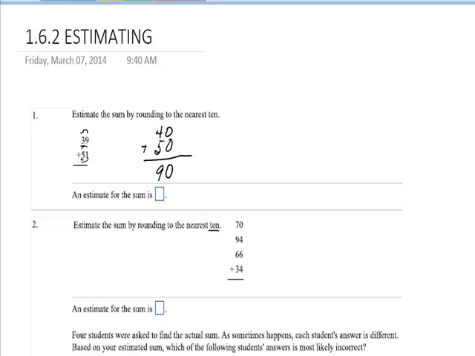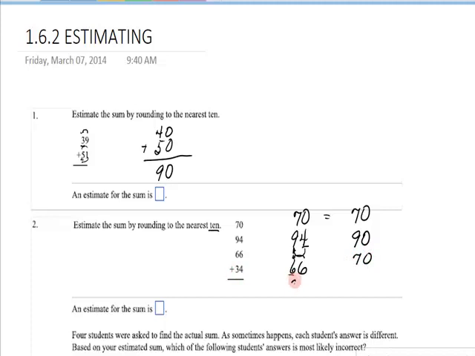Once again, it says round to the nearest 10. 70 is already to the nearest 10, so it will stay 70. 94 rounded to the nearest 10, that's lower than 5, so I'm going to leave it at 90. 66 rounded to the nearest 10, I'm going to round up to 70.